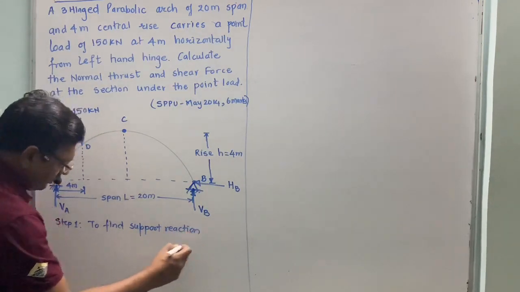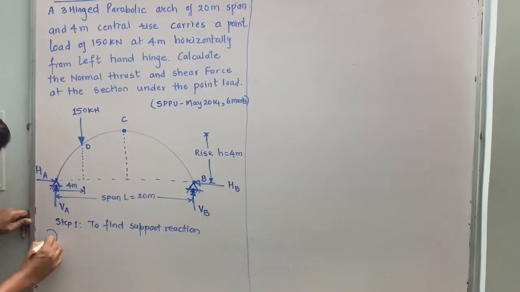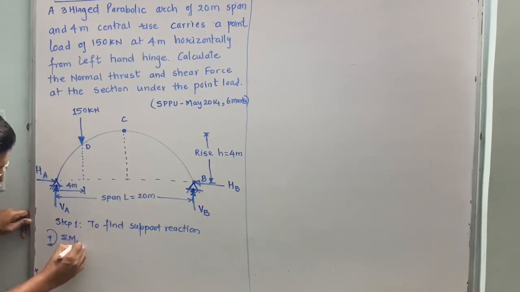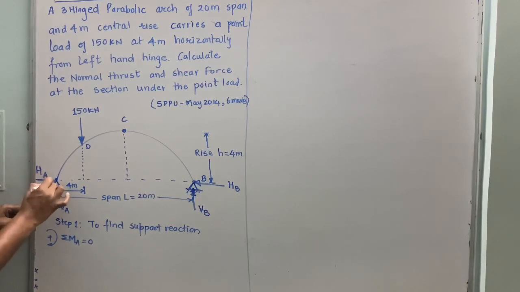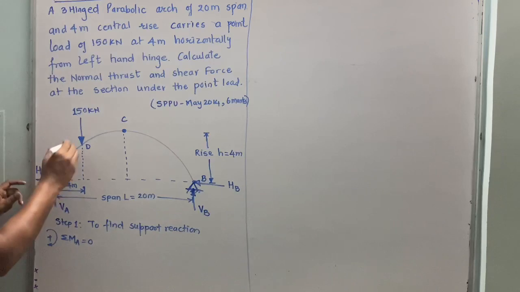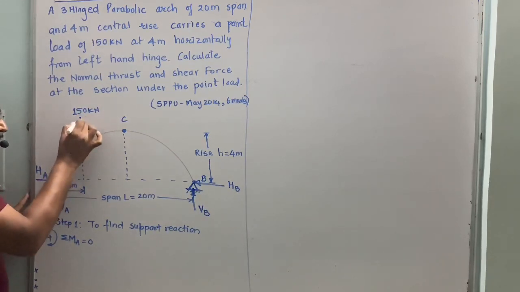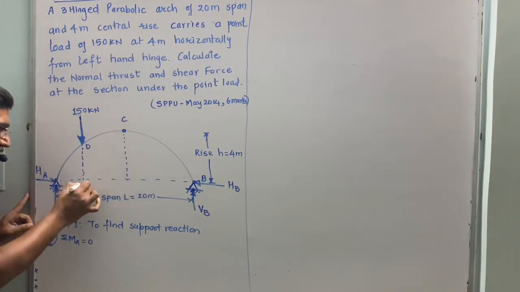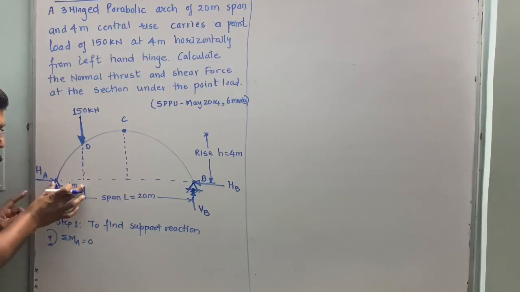Now take moment clockwise positive, taking moment about point A equal to 0. HA and VA are acting at point A, from which we are taking moment. The vertical force has its line of action here and the perpendicular distance is 4 meter.